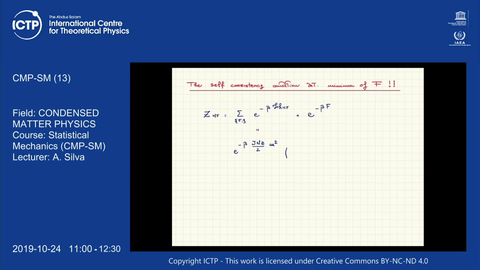It's a calculation that we have already done some time ago. And you will get twice the cosine hyperbolic of beta J (N z m plus B) to the power N. Right? Clear? Great.